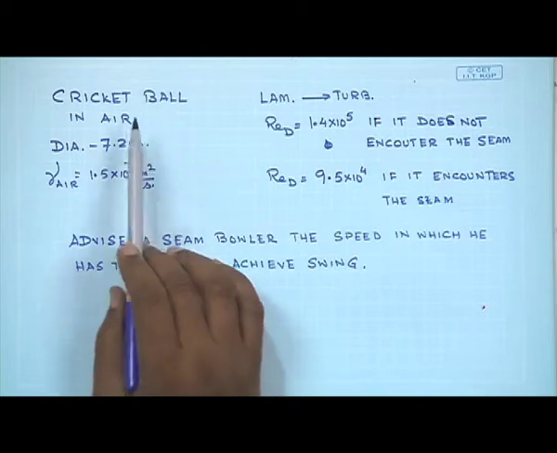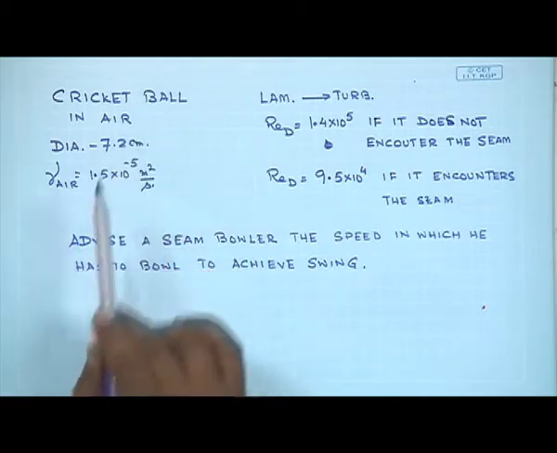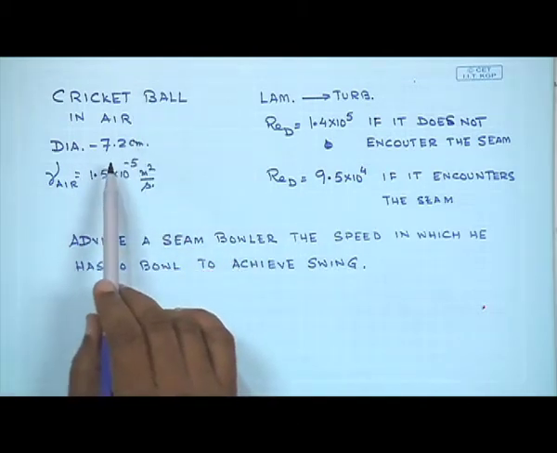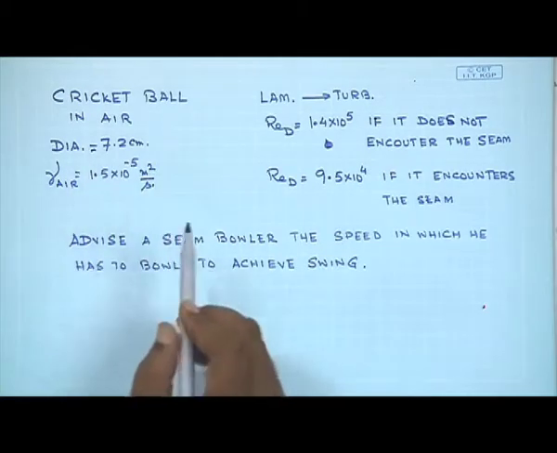So the problem that we have in hand is a cricket ball which is moving in air. Its diameter is about 7.2 centimeters.